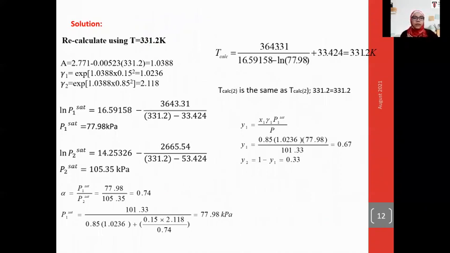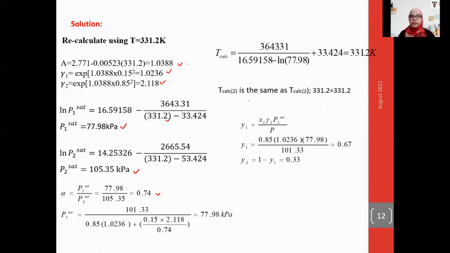Okay, and then we can get the value of A here, and then the gamma. So inserting the value of temperature gives us the value of saturation pressure for both species, and then using this correlation, you can get the value of alpha, and then inserting into this equation gives your new saturation pressure for component 1.